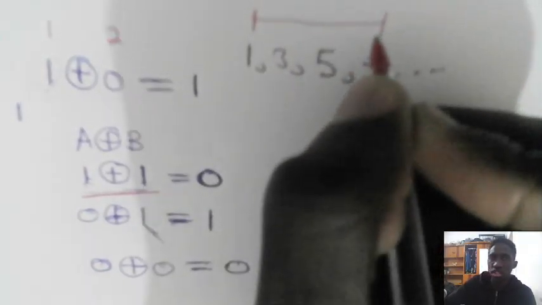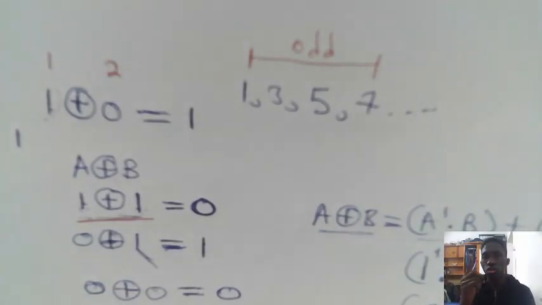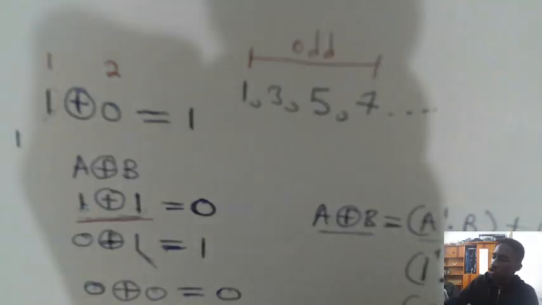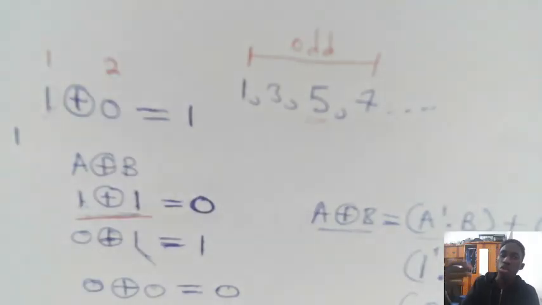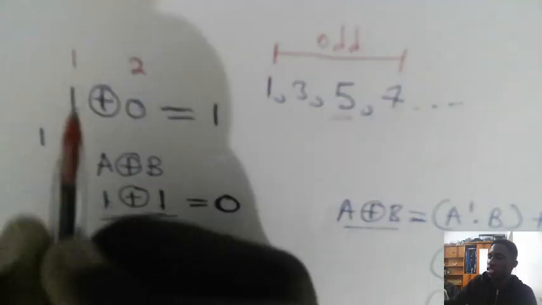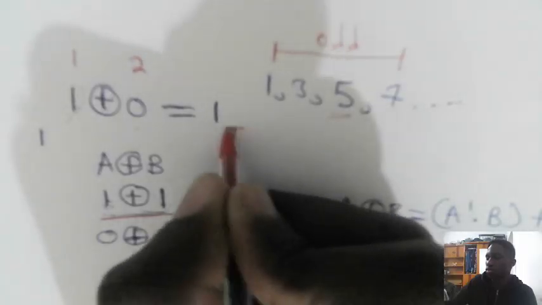The odd numbers are 1, 3, 5, and 7. If you have one true value, your output will be 1. If you have three true values, your output will be 1. If you have five true values, your output will be 1. So if you have an odd number of true values in your input, then your output will be 1. In this case, you only have one, and the output is 1, true.